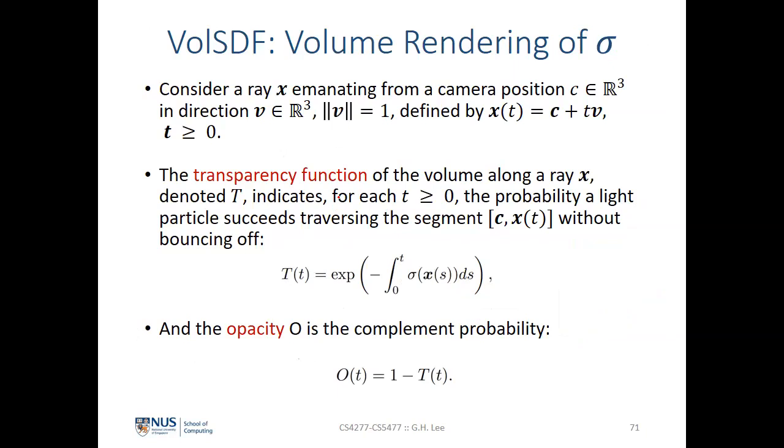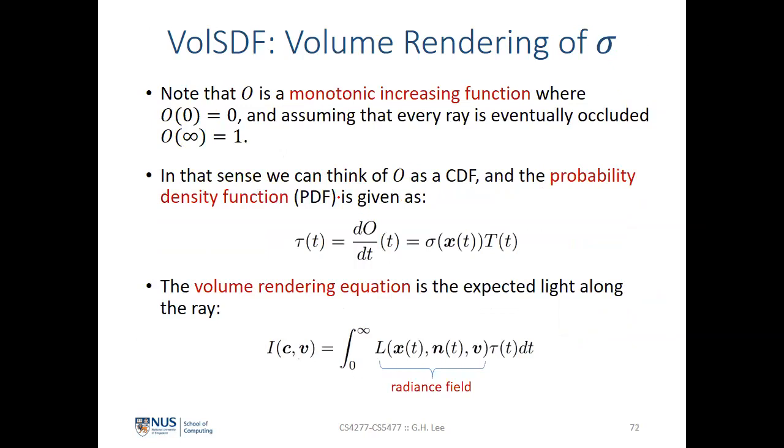The opacity would be the complement of this, 1 minus the transmittance. You can think of O as the CDF and the probability density as tau. So you differentiate this, you get this, and then you put it inside this. This is the rendering equation of your neural radiance field, your NeRF.